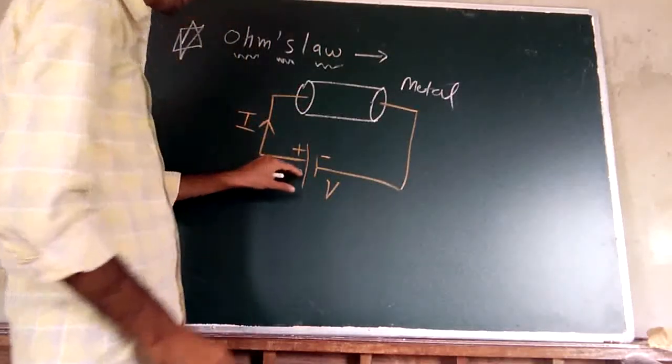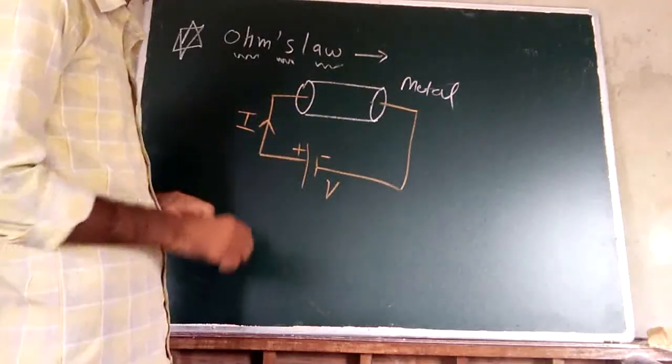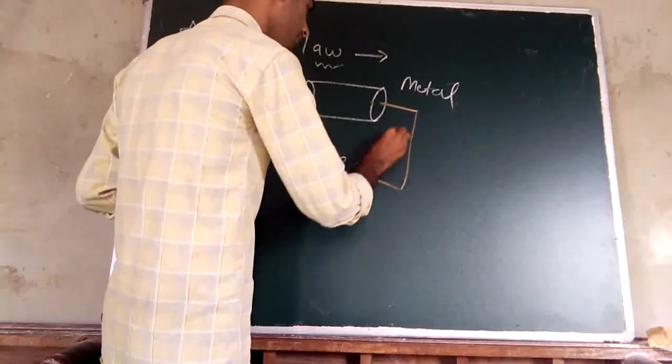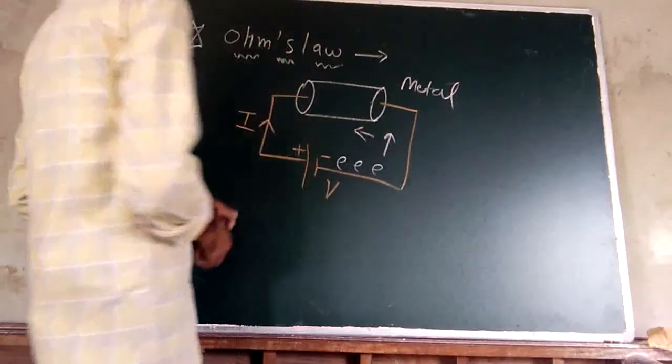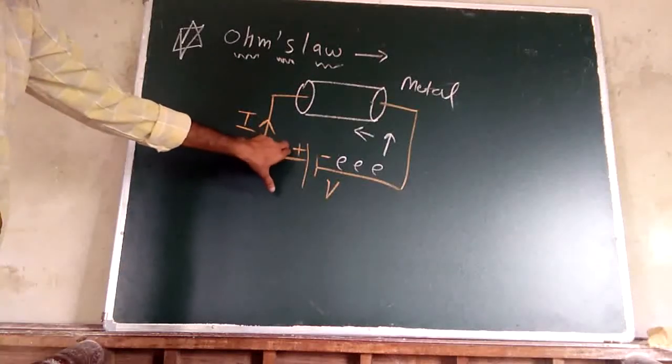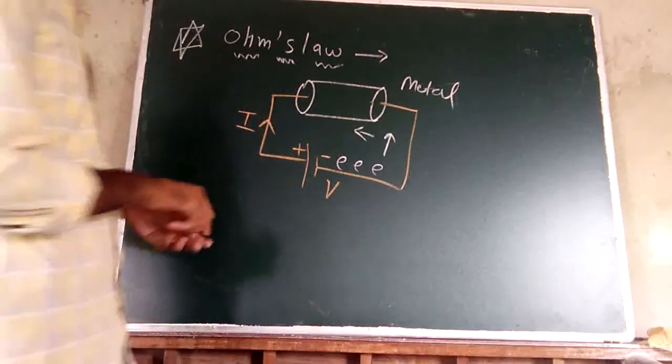We know that current flows from the positive terminal to the negative terminal, and electrons flow towards the positive terminal. The direction of current is from the positive terminal to the negative terminal.